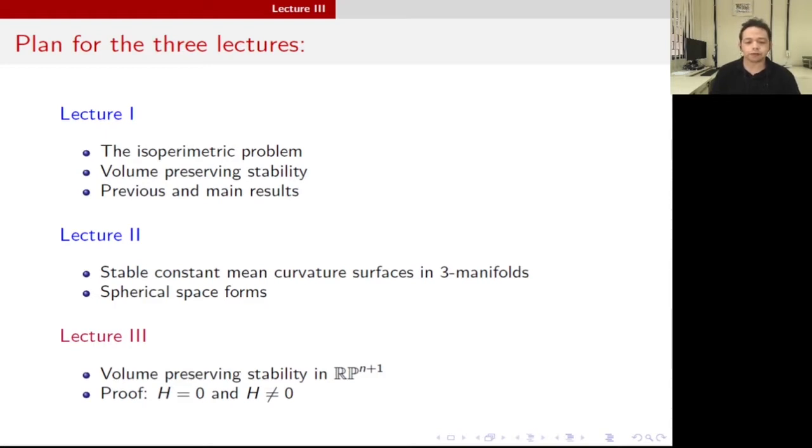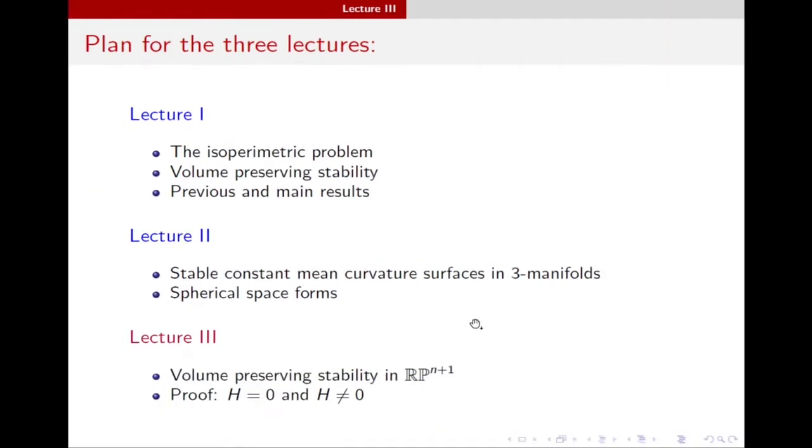The plan for this video will be to explain this classification result and show how it gives as an application the solution for the isoperimetric problem in the real projective space of any dimensions. And in the remaining part of the video I will present the key ideas and also the key computations that we did in the proof of this result.